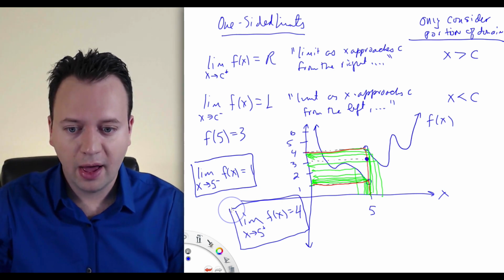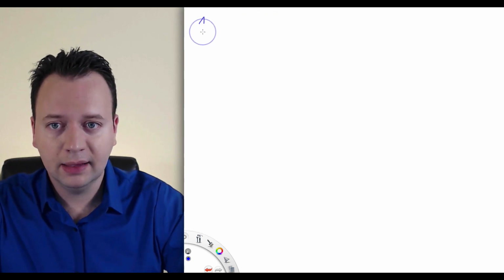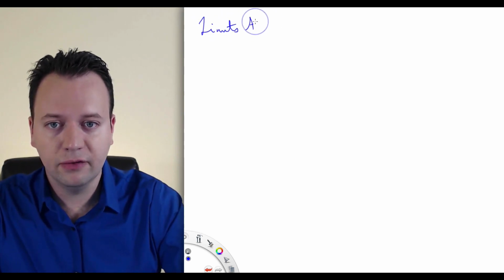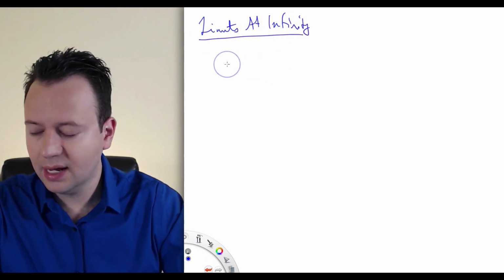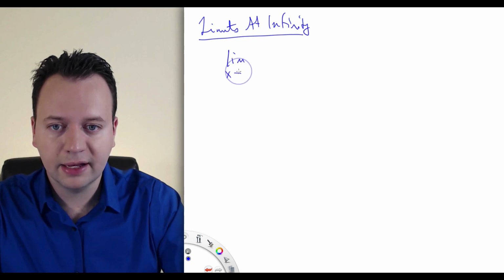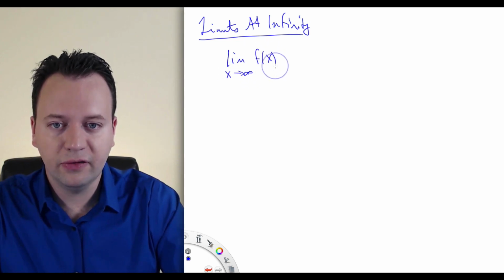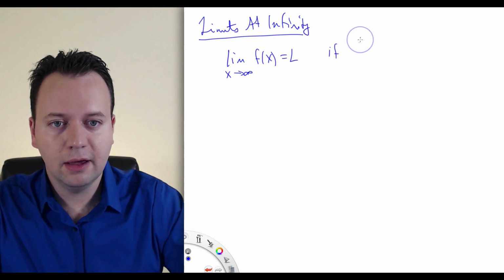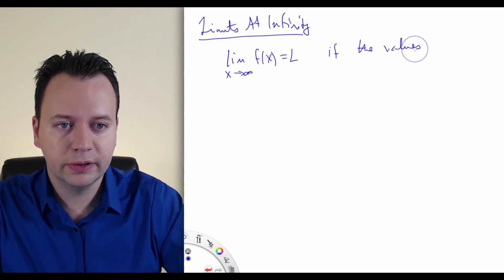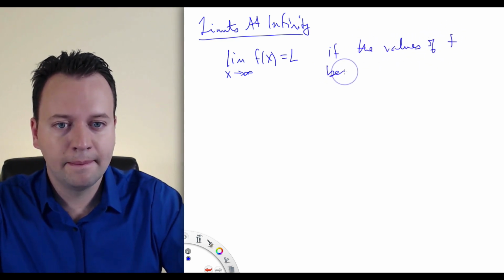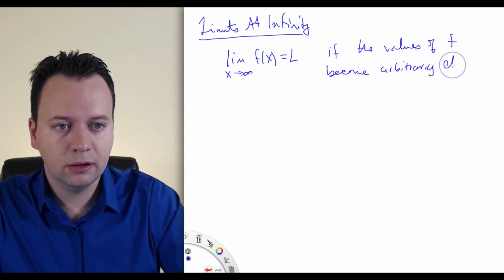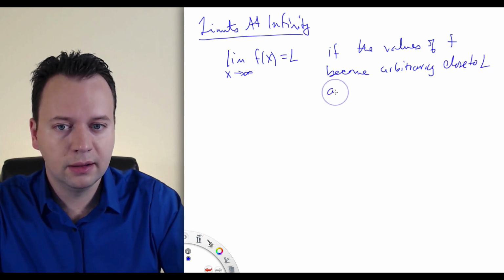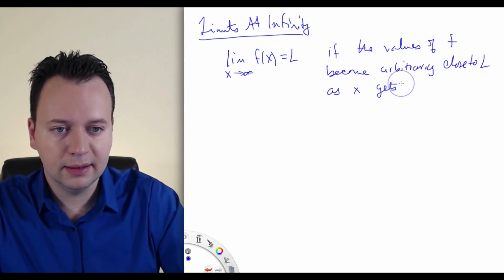So then finally, let's look at limits at infinity. So we say that the limit as x goes to infinity of f of x is equal to L if the values of f become arbitrarily close to L as x gets larger and larger and larger.